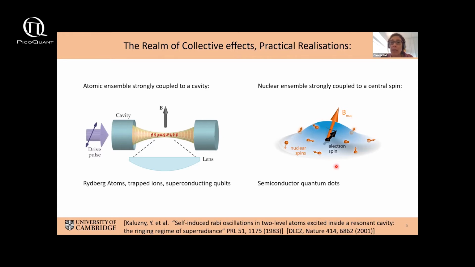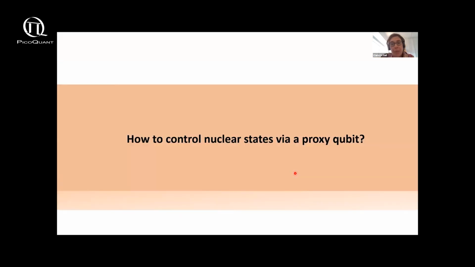And the reason being that the electron spin is analogous to the single optical mode of your cavity, which couples fairly homogeneously to the nuclear spins of the quantum dot. And so the question now is how to control these nuclear states via the electron spin.